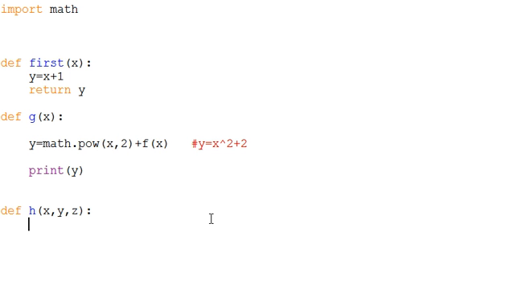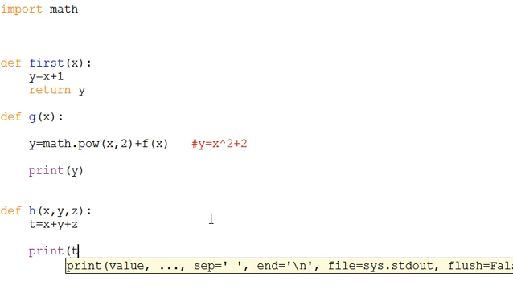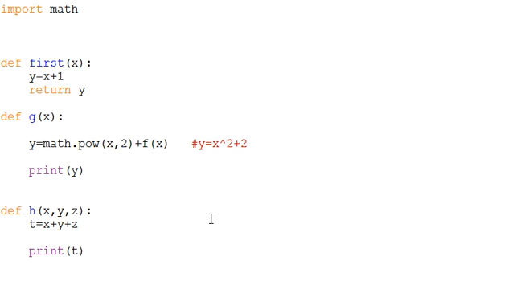And let's do t is equal to x plus y plus z, and we'll just print out the result. Print t. So we must put in the parameters here. Well, let's just run this.